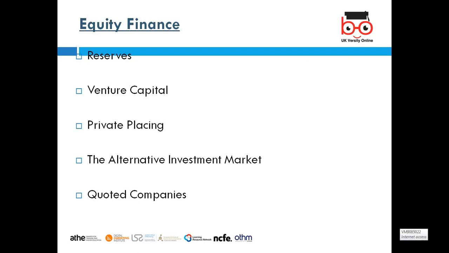Different companies come together and invest in these big projects, and they combine their capital as a venture. Okay. So these are different sources of finance. Any questions? No questions.